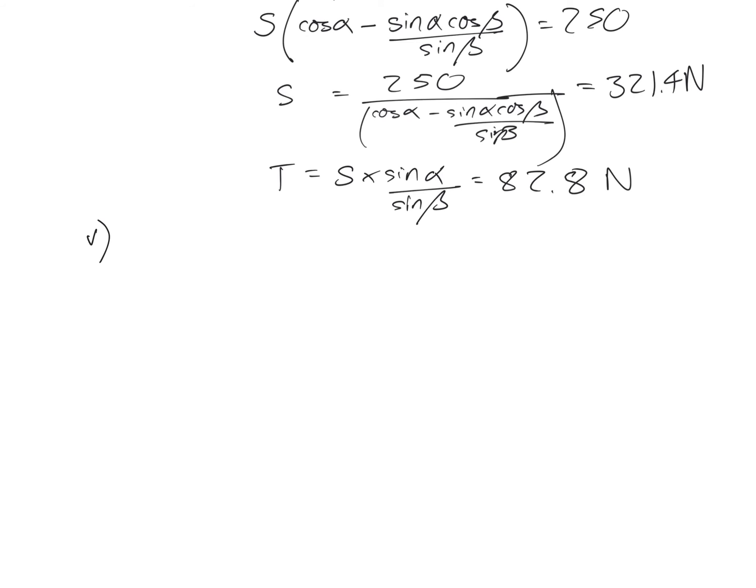So, let's just draw this diagram again. So, if that's 60 degrees, that's S. That's 250. That's beta.